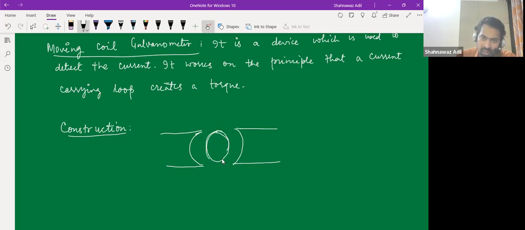In this cylindrical soft iron core, some wire is wrapped, and it has some point where a spring is attached.